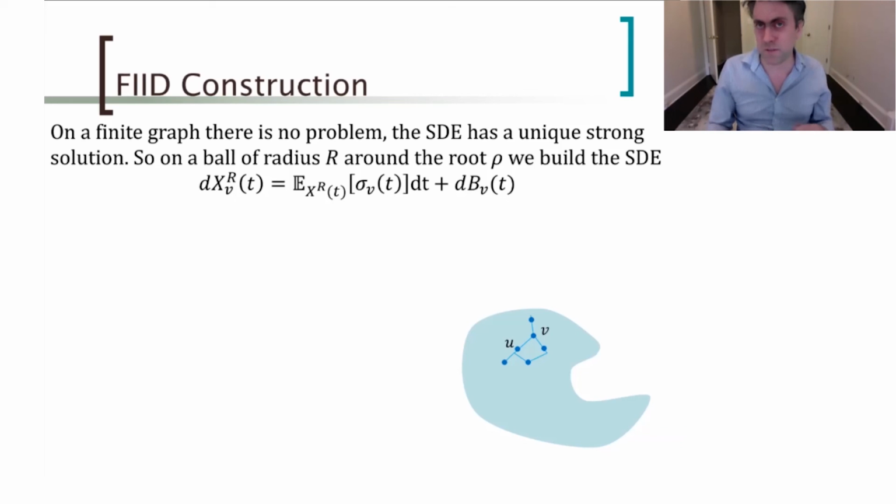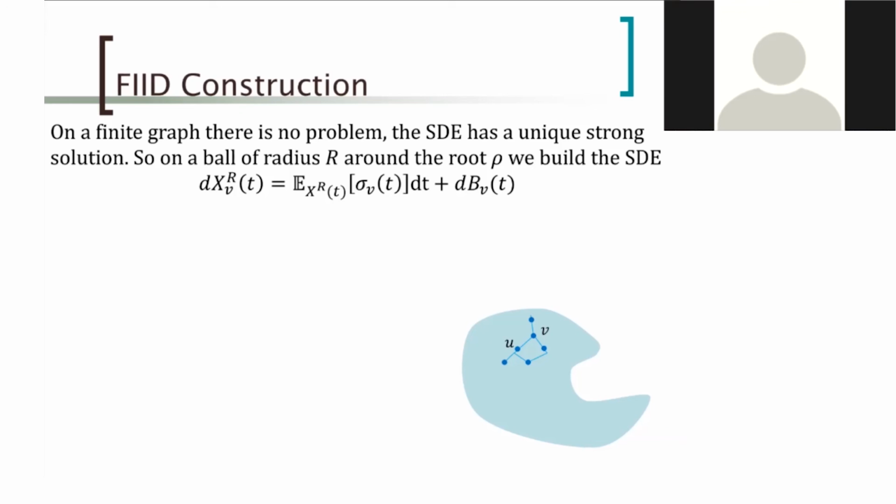So if you have a tree with a given external field, then you can calculate the marginals using belief propagation messages on the tree. That could be done in linear time in the size of the graph. Okay, I see. So with this belief propagation, you could actually run this SDE rather efficiently.